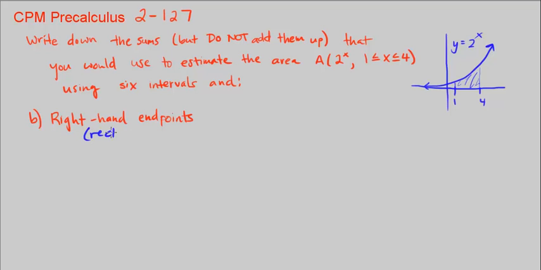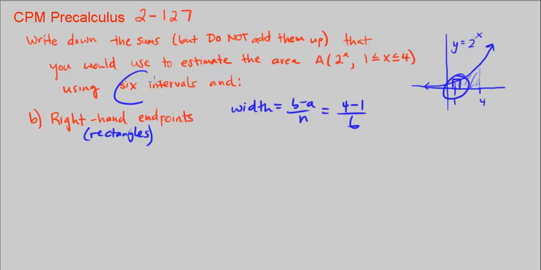Again, that's rectangles, right? But this time, instead of starting at 1, we're going to start with the right side of the first region. The width is still b minus a over n, or 4 minus 1 over 6 intervals, right? Which is 3 over 6, or 0.5. So we still have the same width.